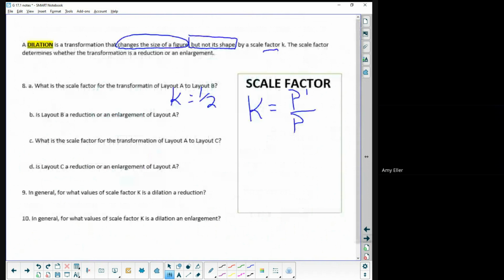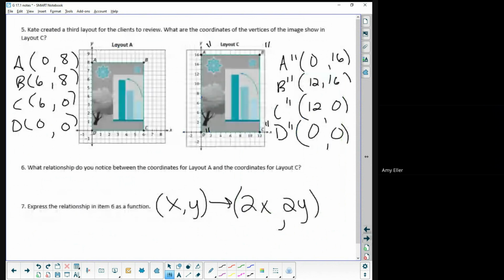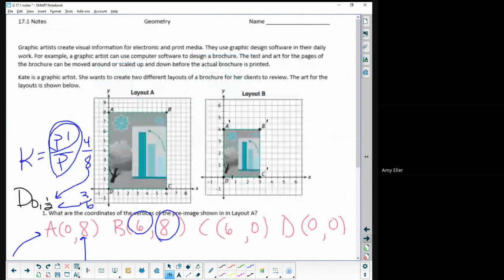It got smaller. Pretty quick questions. Same questions again. What's the scale factor for the transformation from layout A to C? That would be this one. From A to C, our scale factor, our multiple, was 2.